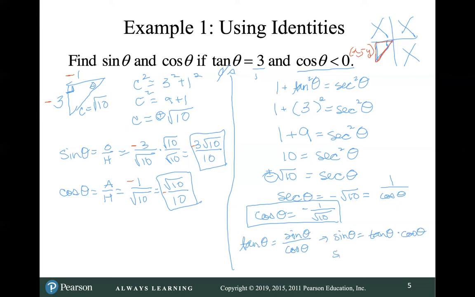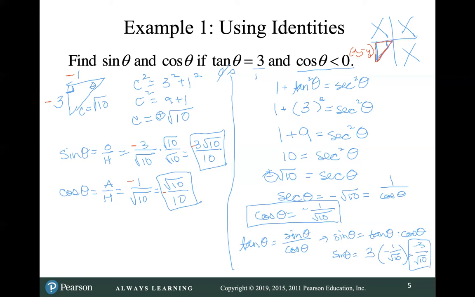So sine of theta equals, tangent was 3, cosine is negative 1 divided by the square root of 10, equals negative 3 divided by the square root of 10. Now again, we can rationalize those, but notice this is the same answer that we got before with the correct negative sign.